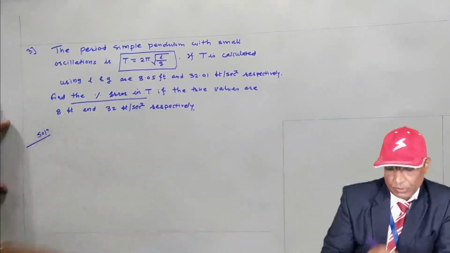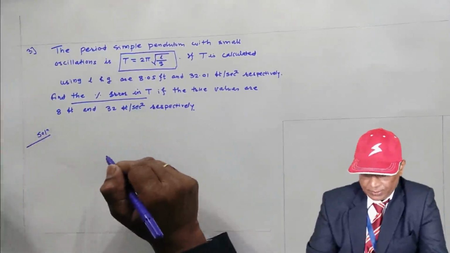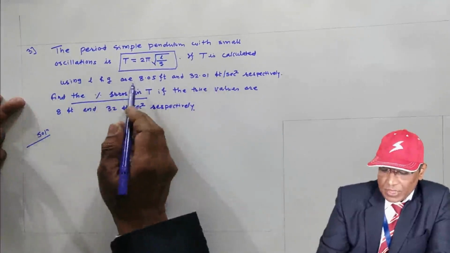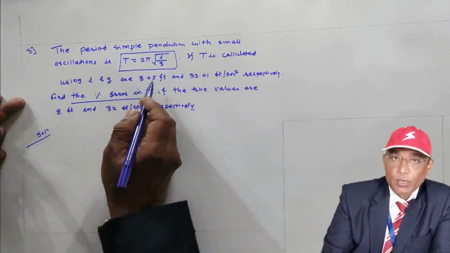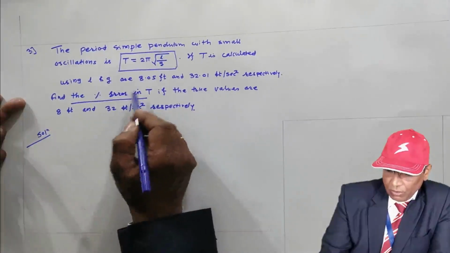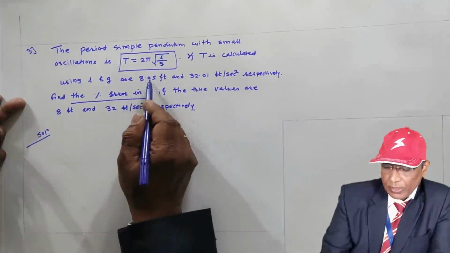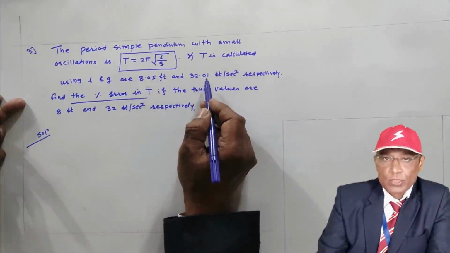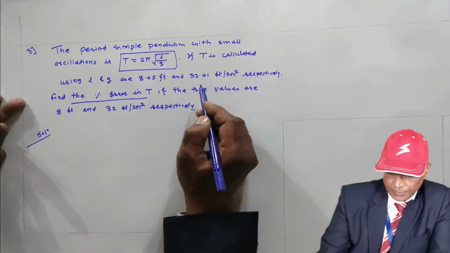Now, we are going to solve it. See, the calculated value of L is what? It is 8.05, and there is an error of 0.05, and the error here is 0.01.